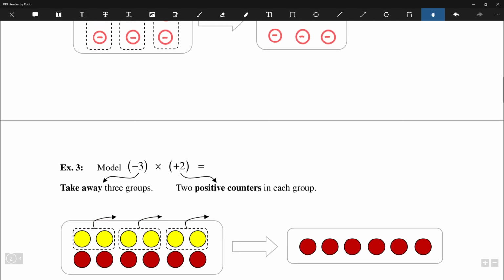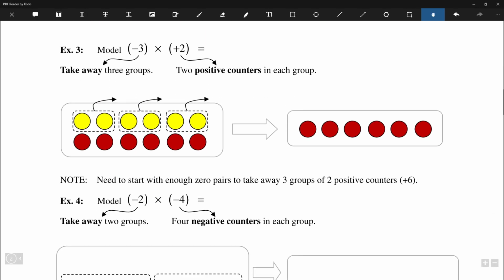Okay. So now we have an example where we start with a negative integer. In this case, -3 times +2. We're going to try to take away three groups, two positive counters in each group. In order to do that, we will begin with some zero pairs here.